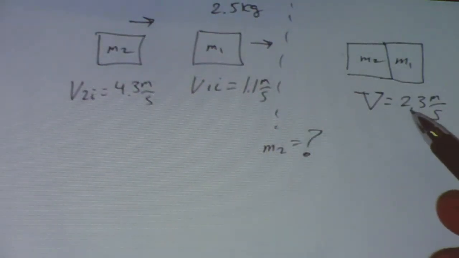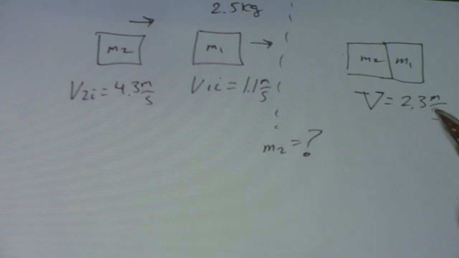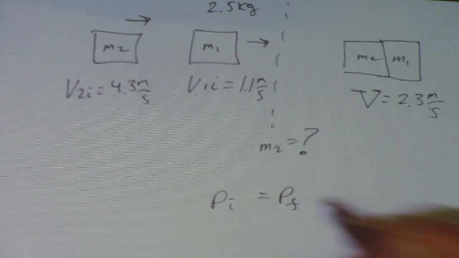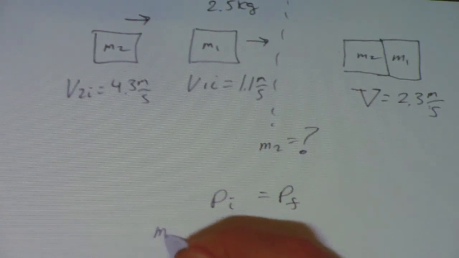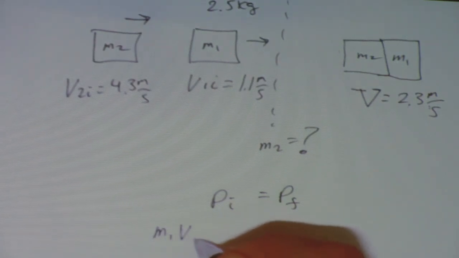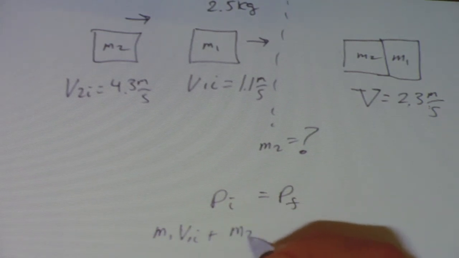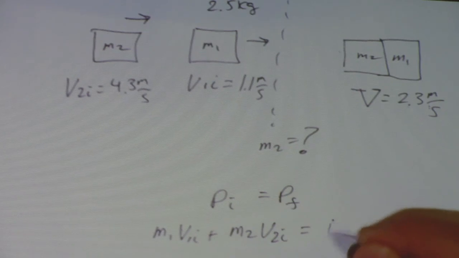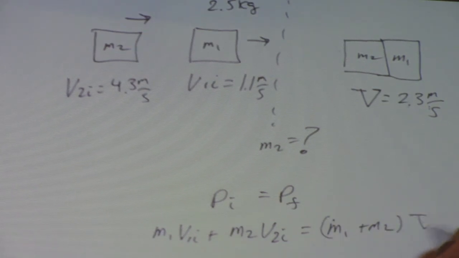Because they're stuck together, they have a common speed. So initial momentum equal to final momentum. So this would be mass 1, velocity 1 initial, plus mass 2, velocity 2 initial, is equal to their combined mass, m1 plus m2, because they're stuck together now, times V.